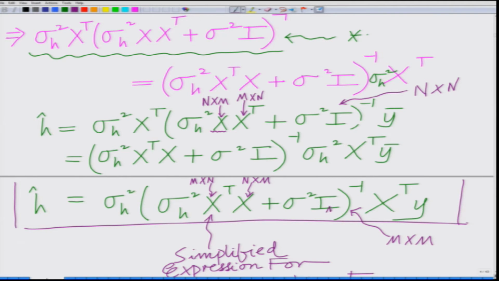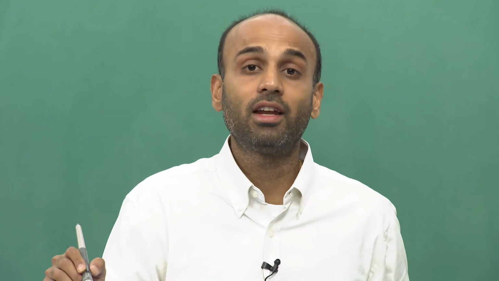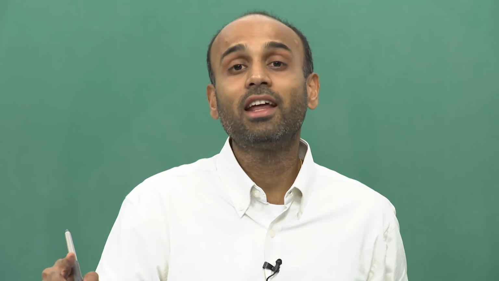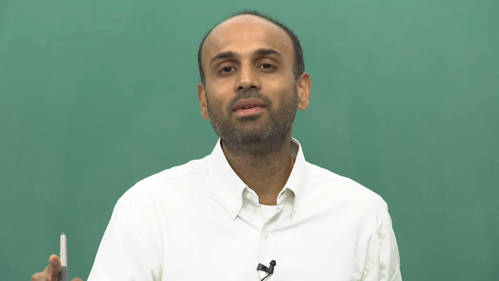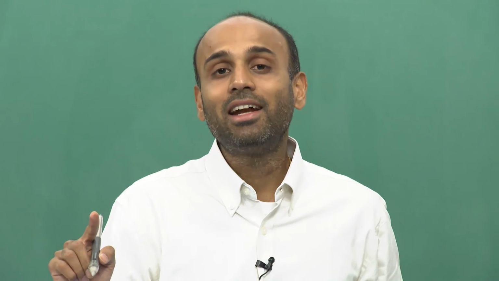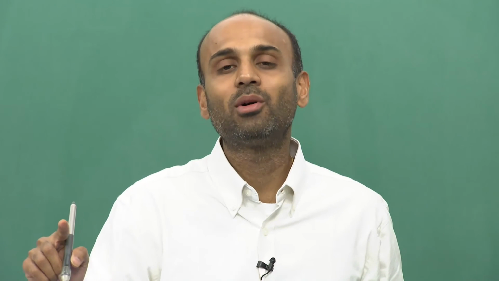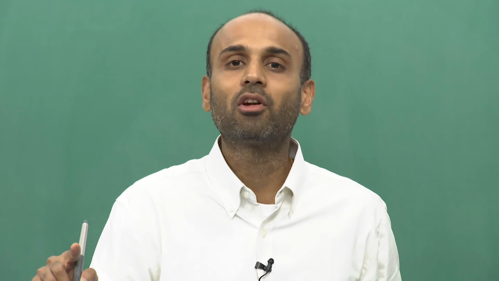In fact, the identity here is m cross m, the identity there is n cross n. So, in the first case, you are inverting an n cross n matrix, where n is the number of pilot vectors. In the second case, you are inverting an m cross m matrix, where m is the number of antennas, and typically the number of pilot symbol vectors transmitted is always much more than the number of antennas.